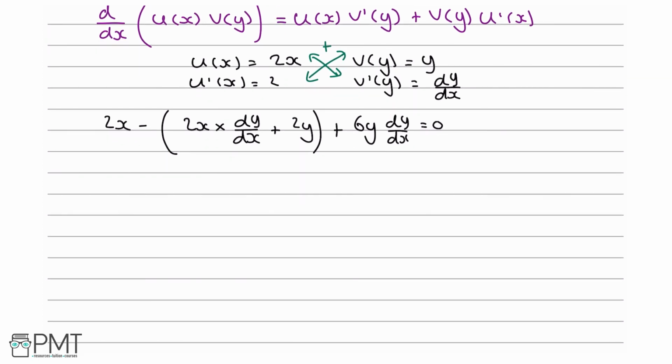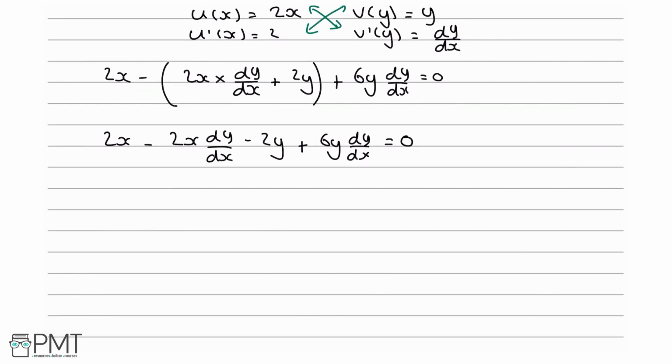So I'm going to say this becomes 2x minus 2x times dy by dx, minus 2y. All I've done is take this minus and multiply it by both of our terms, plus 6y dy by dx. This equals 0. Okay. Now the next step is to take out dy by dx as a factor.